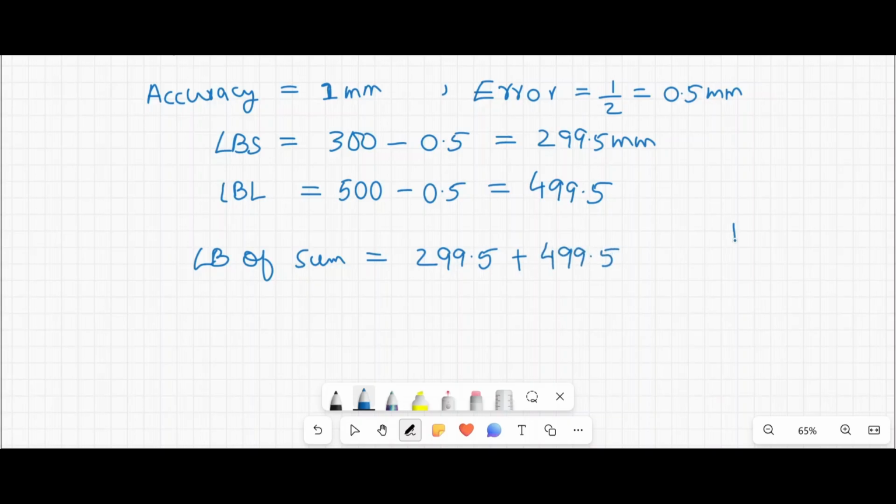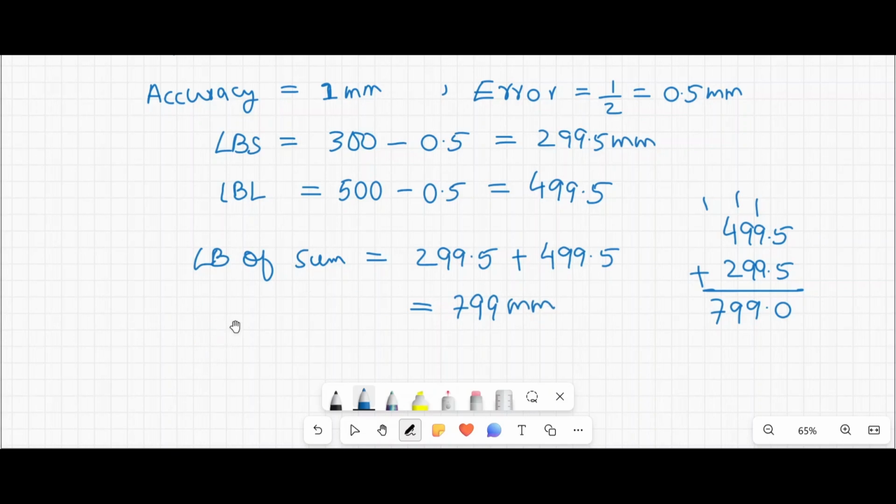Adding them, we get 799 millimeter. So the lower bound of the sum is 799 millimeter.